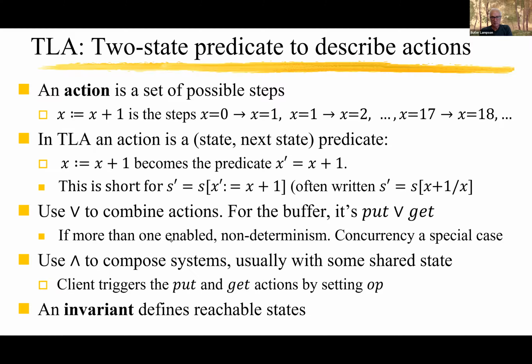And the final piece of conceptual machinery that you need for TLA is the notion that you have an invariant that defines the reachable states of the system. In the put and get example of the FIFO buffer, probably all the possible states of those variables are reachable. But in general, that's not going to be true, and we'll see some examples of that as we go along.